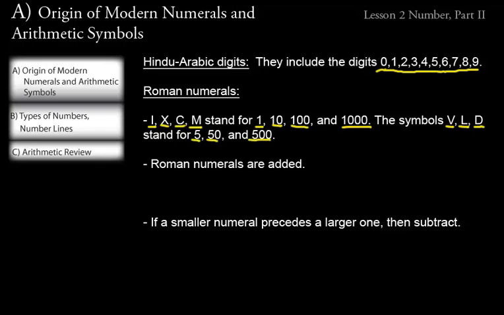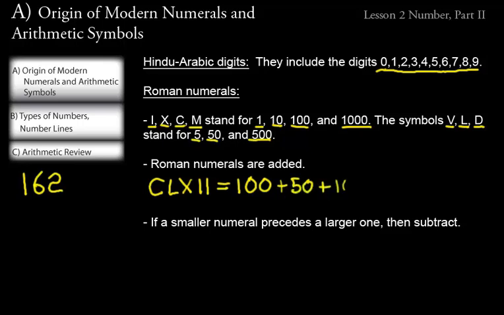Now, using the Hindu-Arabic system, if we saw this, we would just say, well, that's 162. We wouldn't think of that any other way. But in Roman numerals, those are added together. For example, if you saw this, C, L, X, I, I, that would tell you to add 100, because that stands for C, right? 50, because that stands for L. 10, because that's the X, and then 2.